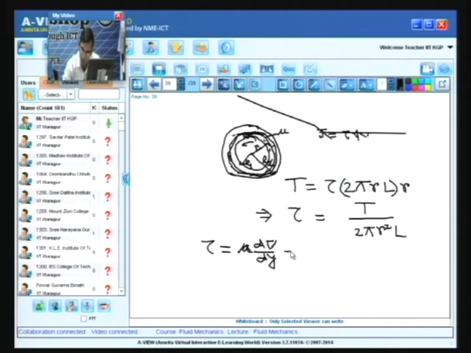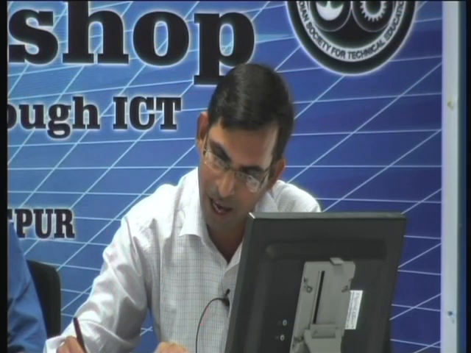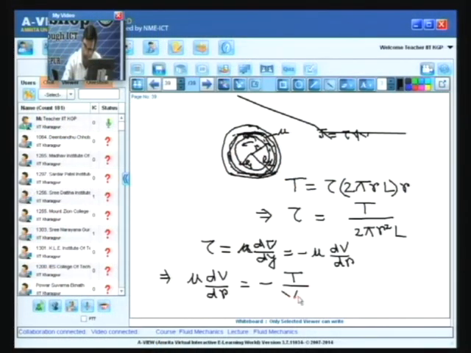That means we can write this as minus mu dv/dr. Now, if we relate this, we can simply get mu dv/dr as minus T over 2 pi r squared L.